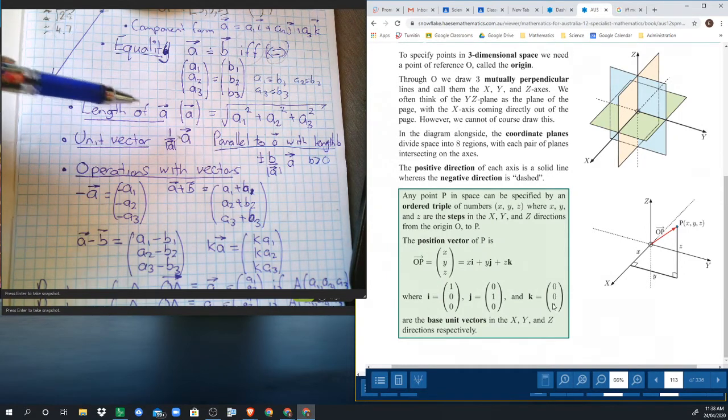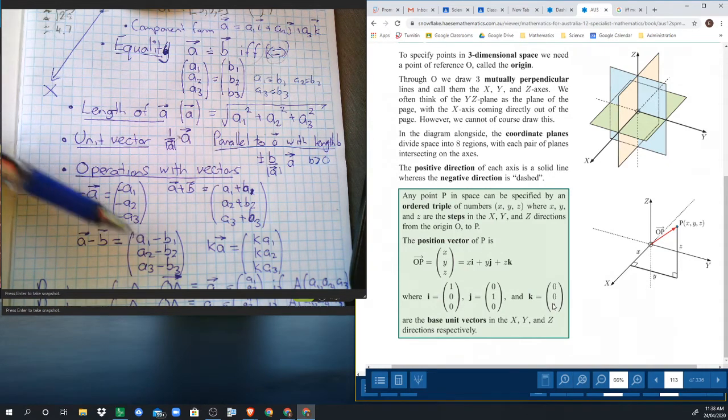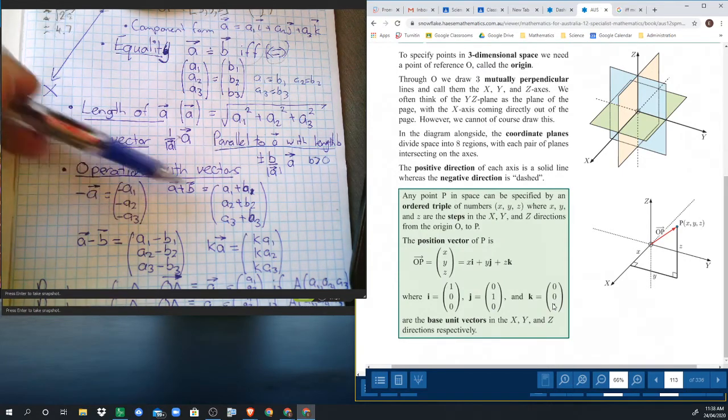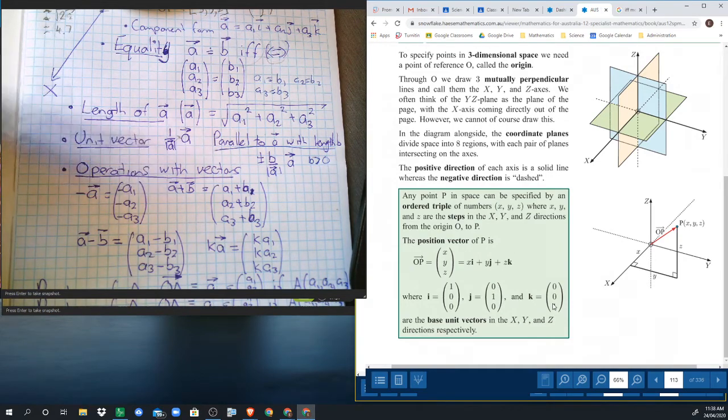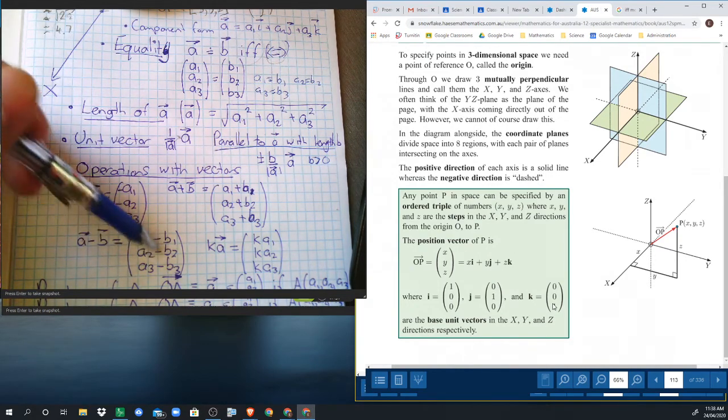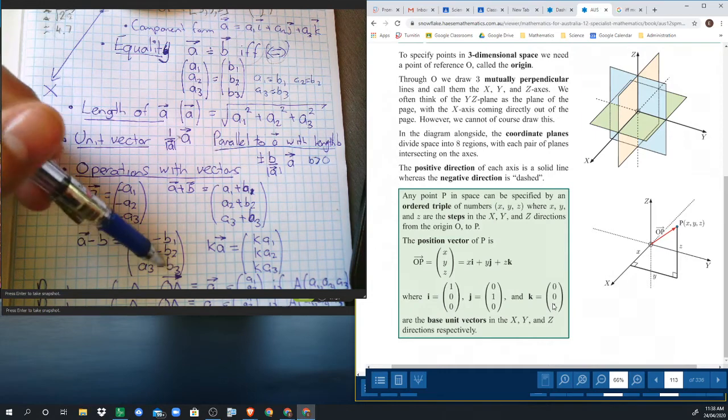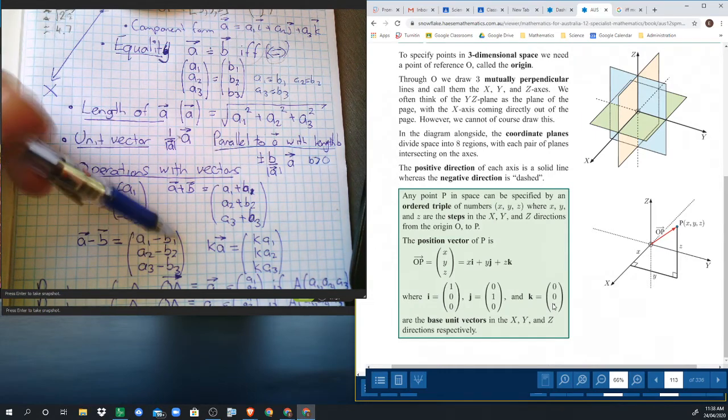Oftentimes, unless we don't have to, we're going to draw things in 2-dimensional space, unless we absolutely must draw it in 3-dimensional space, like when we have a 3-dimensional object. And we spend a lot more time doing the algebra than doing the drawing. So yeah, we're just going to do the algebraic approach for these ones. So the operations are all algebraic.